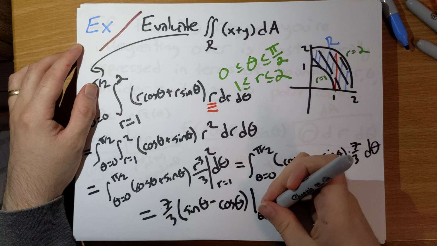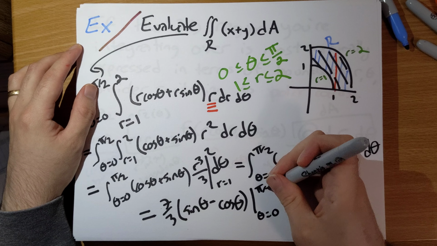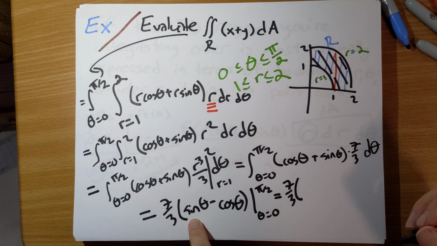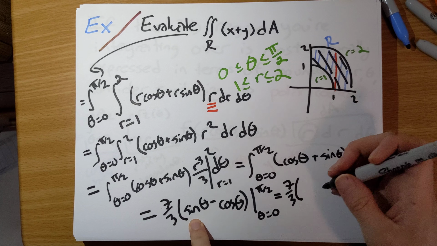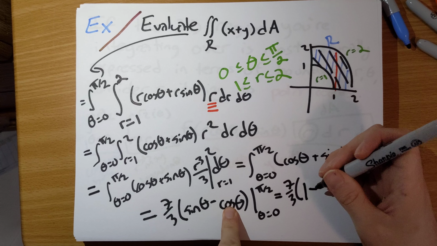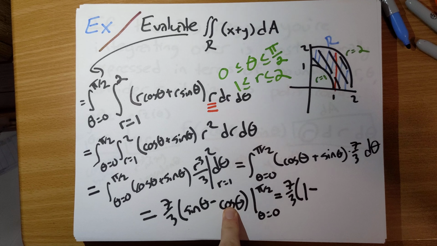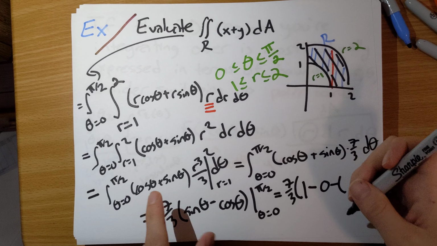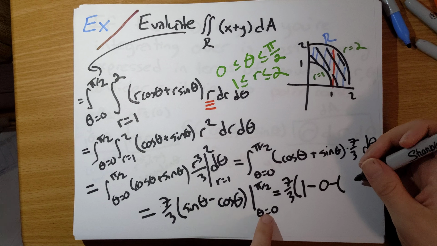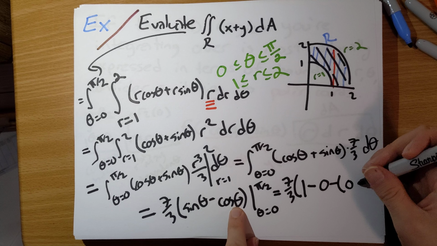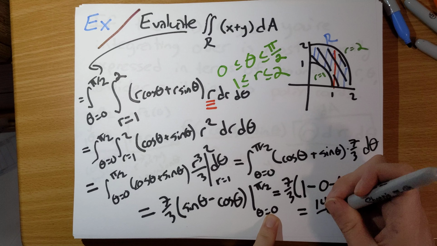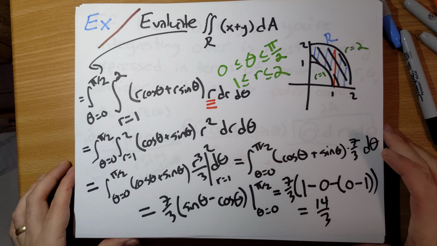Plug in theta runs from 0 to pi over 2, and we get 7/3 times: sine of pi over 2 is 1, cosine of pi over 2 is 0, minus sine of 0 is 0, cosine of 0 is 1. And this ends up as 14/3.